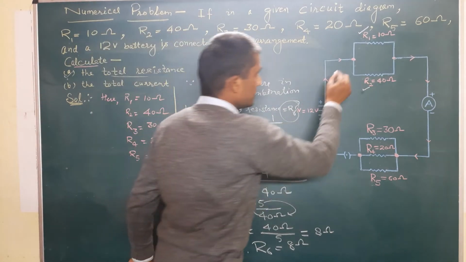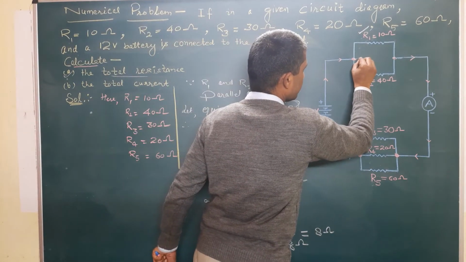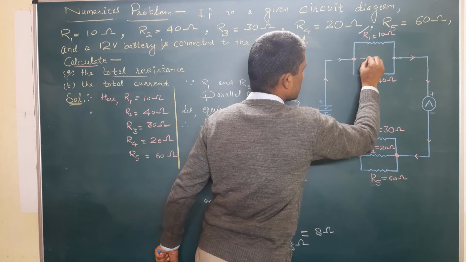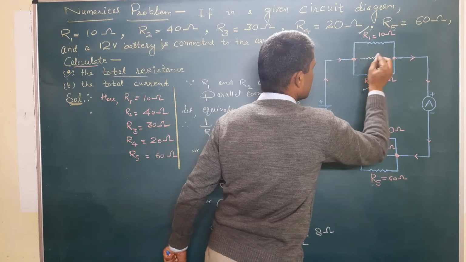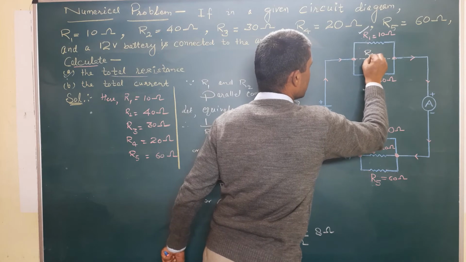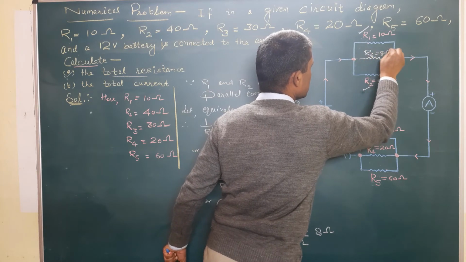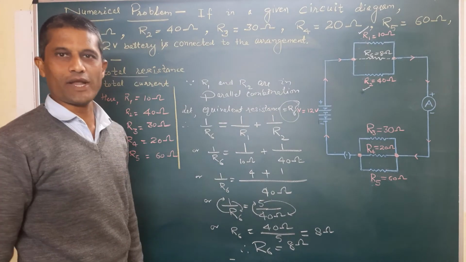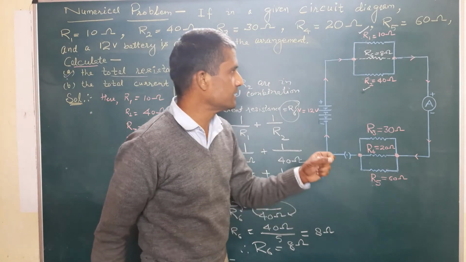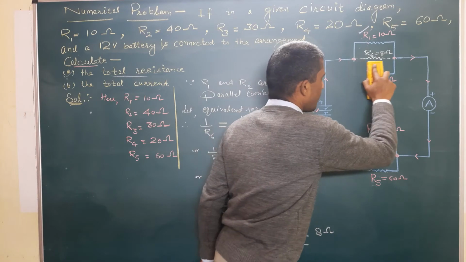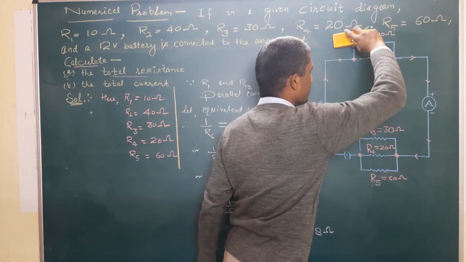So this is, let me tell you here, we have got one resistor out of these two. Let me just simplify it by doing this. It has gone away.